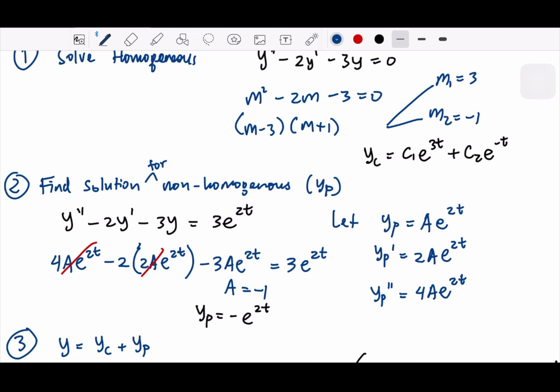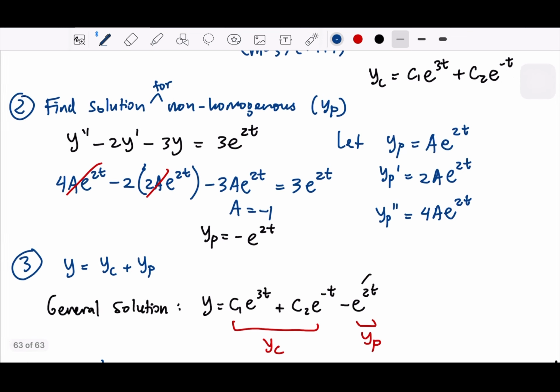So this is why it's called the undetermined coefficient. We are going to find that coefficient. We take some guesses of the form and put some coefficient, it can be A, it can be anything, and it doesn't need to be this e. It can be other forms as well. And then after we get yp and yc, the general solution we can write as yc plus yp.